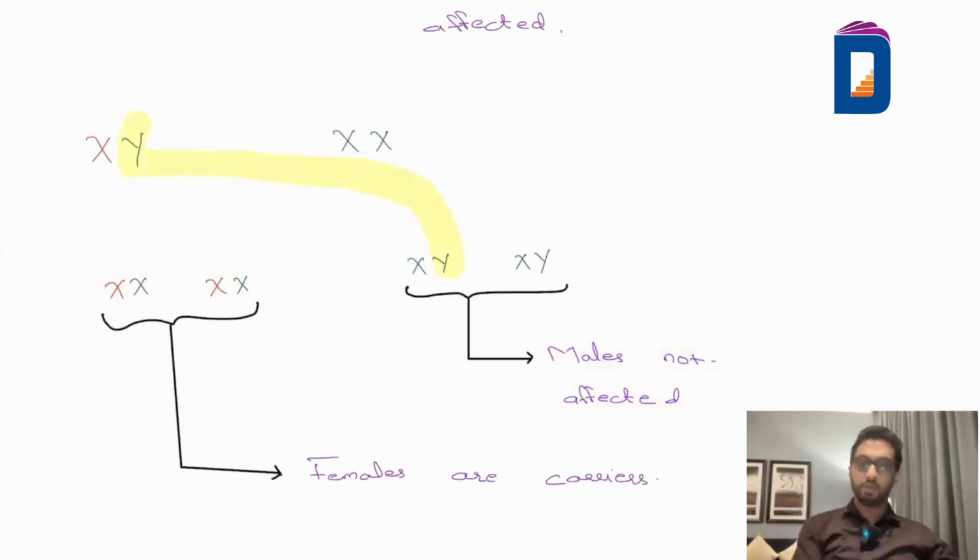We saw the same issue in X-linked dominant also, isn't it? But in X-linked dominant, the father is passing the disease to daughters. So the inheritance pattern is the same. The only thing is one is dominant and the other is recessive. So in dominant, even one gene is expressing, while in recessive it is not expressing.